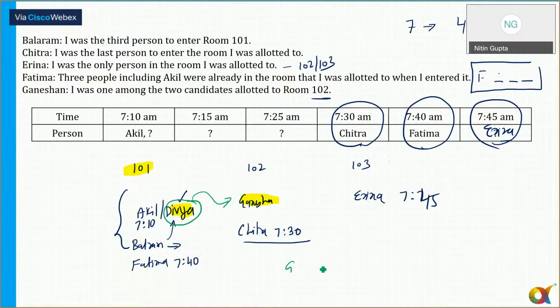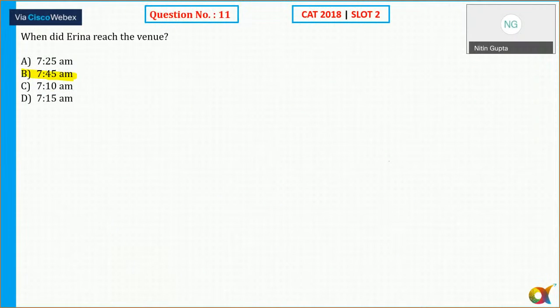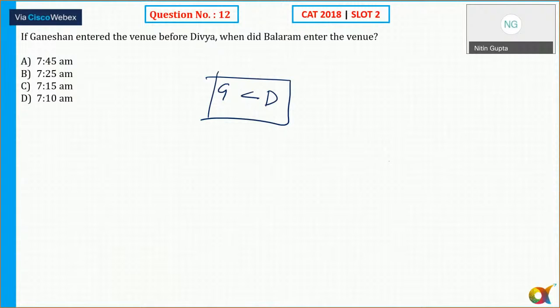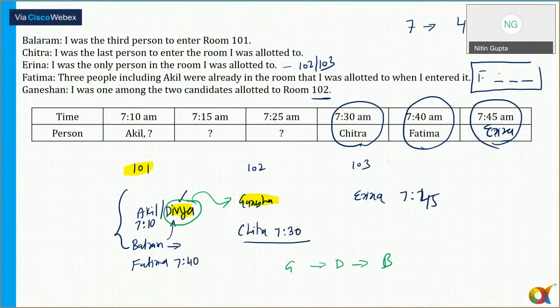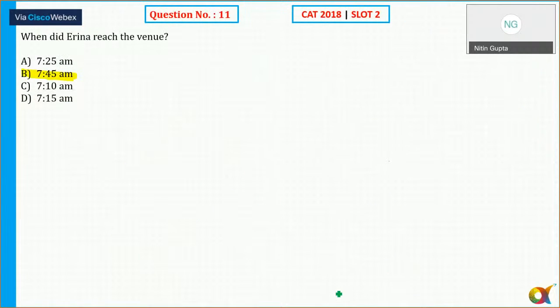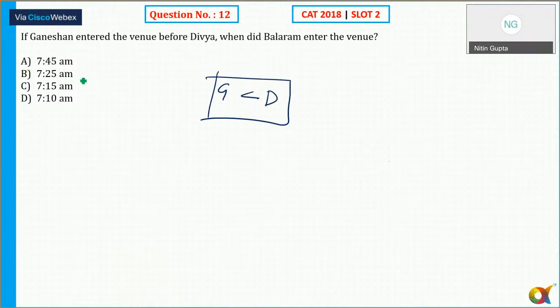So we know the order is Ganesan, followed by Divya, followed by Balram. So the question here is, when did Balram enter the venue? I think the only possibility is that Balram definitely entered at 7:25. So the answer for this question is option B, which is 7:25.